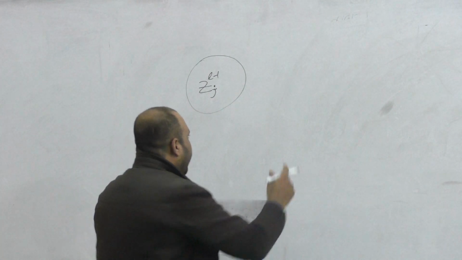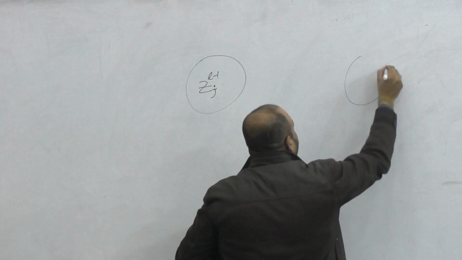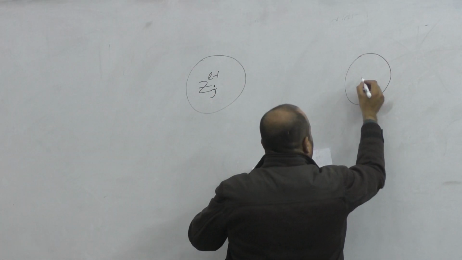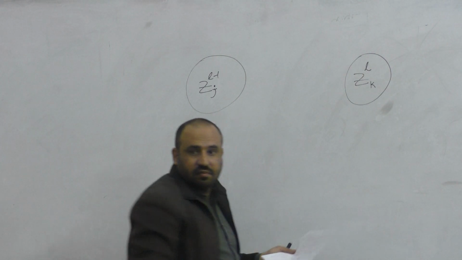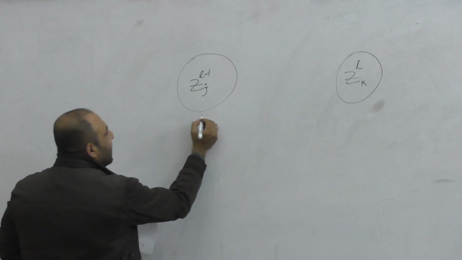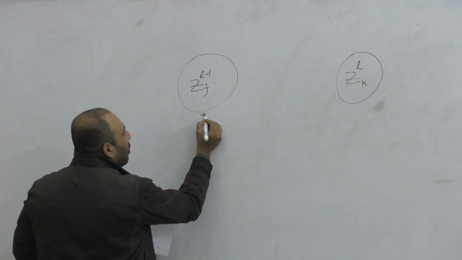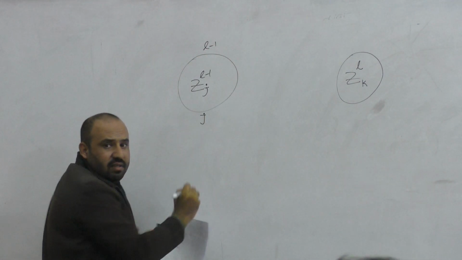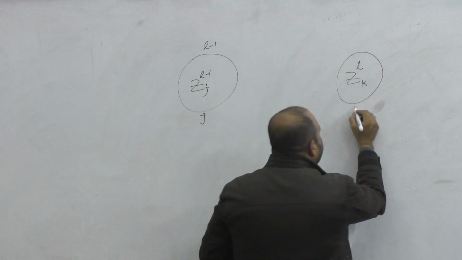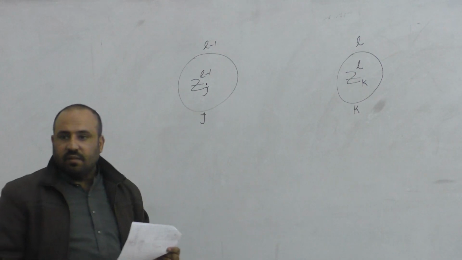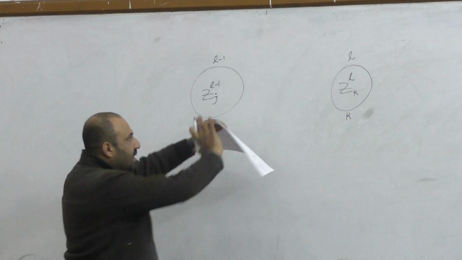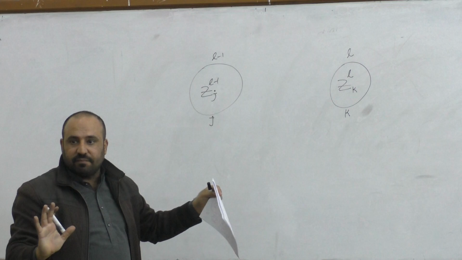Okay, and this is the kth neuron of L layer. So let me explicitly say that this is the jth neuron of L minus 1 layer. Let me explicitly again say this is the kth neuron of L layer. Make sense?